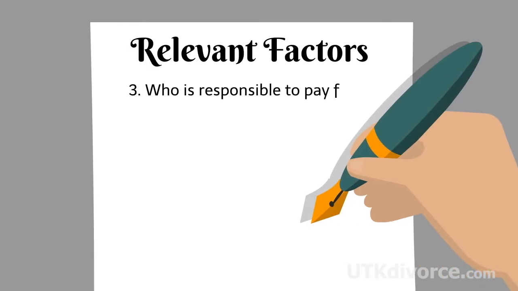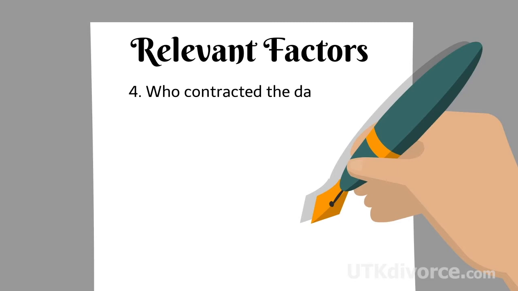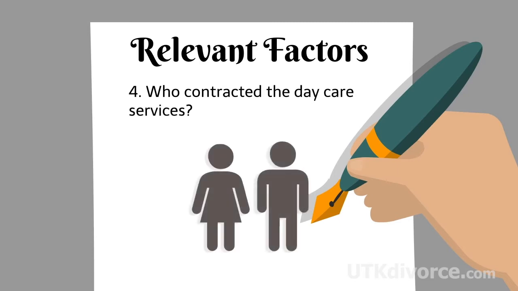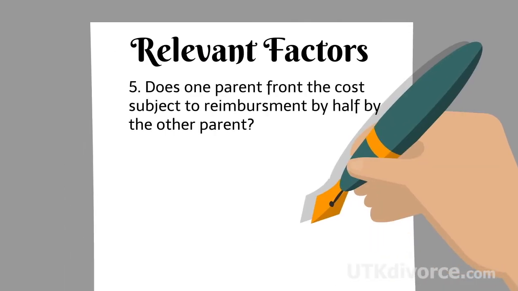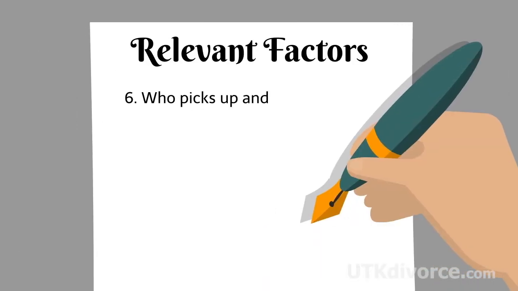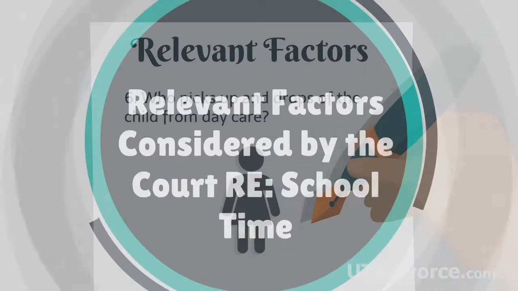Who is responsible to pay for the daycare cost? 4. Who contracted the daycare services, i.e., who signed the daycare contract? 5. Does one parent front the costs subject to reimbursement of half by the other parent? And 6. Who picks up and drops off the child from daycare?